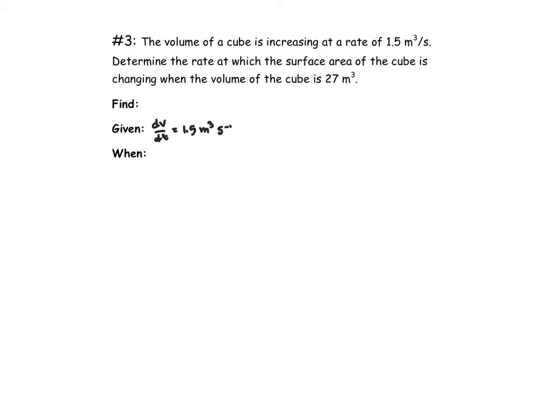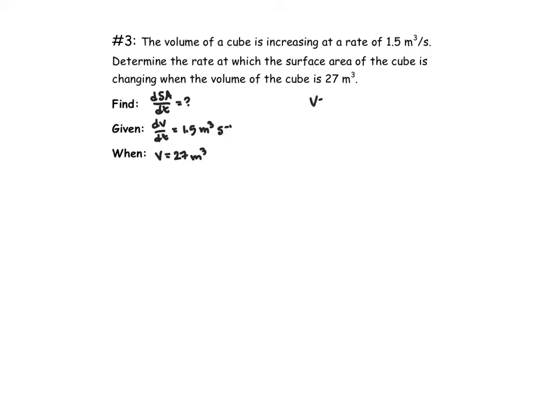Either notation is fine with regards to meters cubed per second. Determine the rate at which the surface area of the cube is changing, so dSA/dt, when the volume is 27 meters cubed.